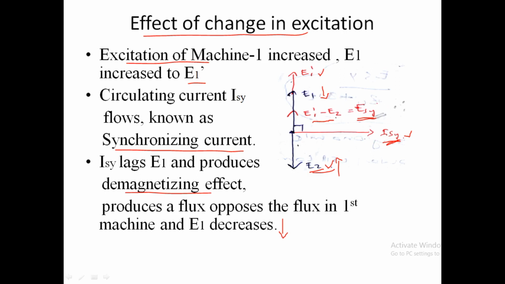That is a necessary condition for parallel operation: the terminal voltages should be equal. So what happened here? Whenever there is a difference in EMF, a current flows due to that difference, and that current automatically returns the system to a balanced state.